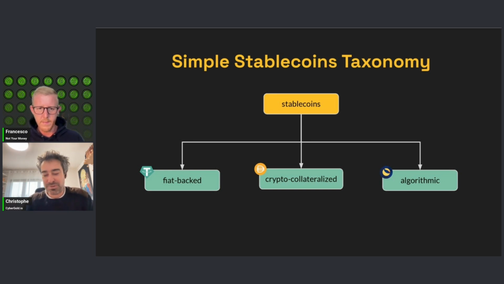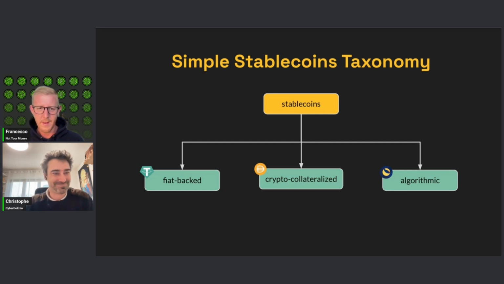Whereas the algorithmic stablecoins, such as the well-known Terra Luna, can have reserves, but these reserves are made of endogenous crypto assets, such as Luna for the Terra stablecoin, for example, but this poses a real challenge, as we will see.